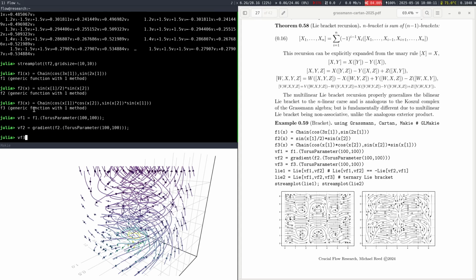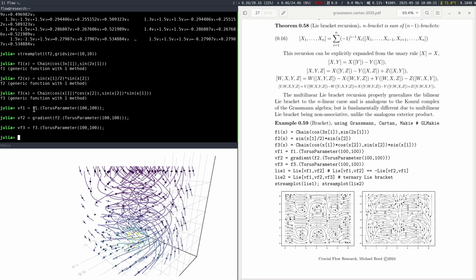So we've defined 3 functions here, f1, f2, and f3, and then we've expressed them as vector fields in some way, and now we're gonna apply the Lie bracket, okay?